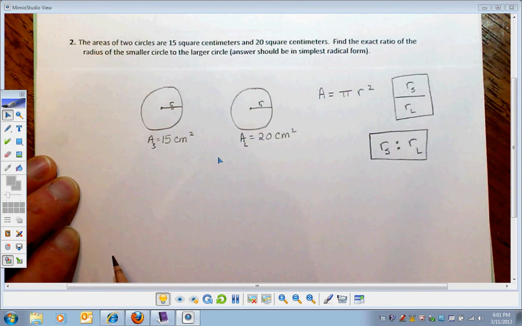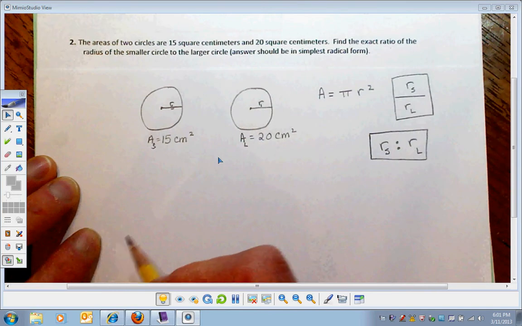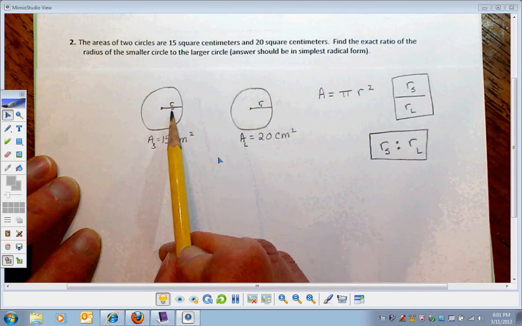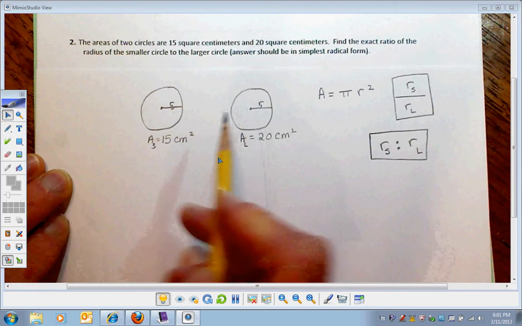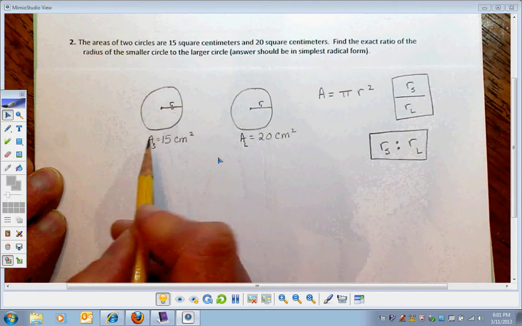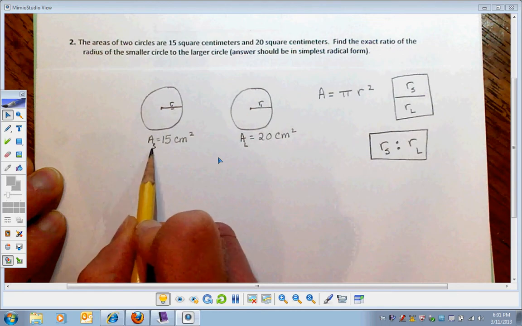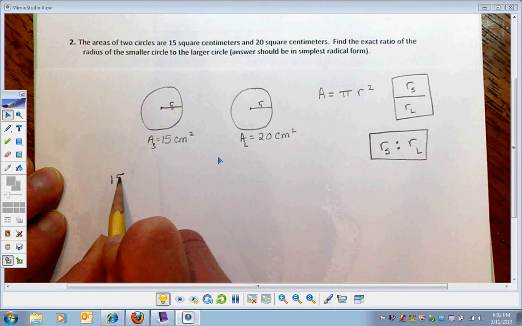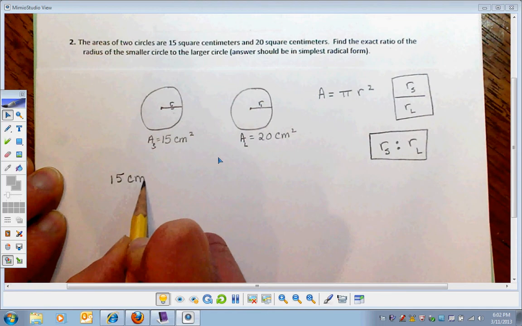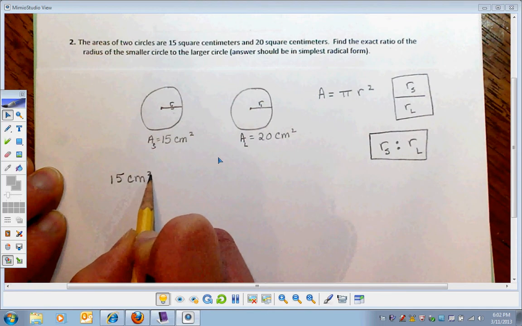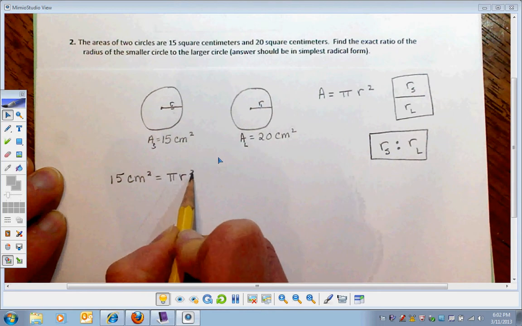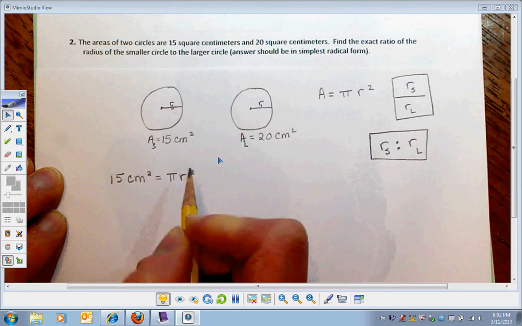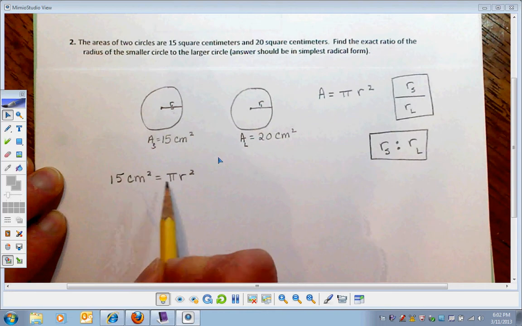So what does that mean I need to do? It means I need to solve for this radius and this radius. So let's do this one first. So my area is 15 centimeters squared, which equals pi r squared. So how do I solve for that?